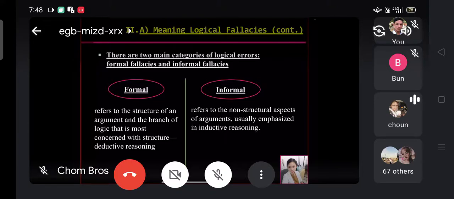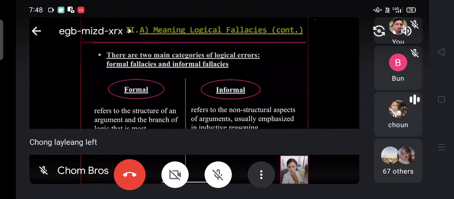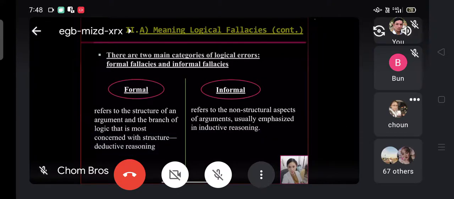So first is the formal logical fallacy. A formal fallacy is a logical error in a deductive argument that occurs in the form or structure of the argument.